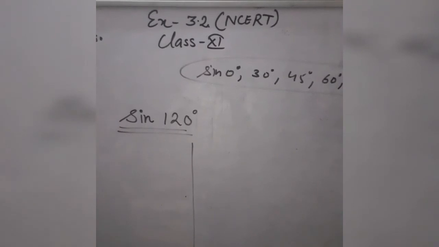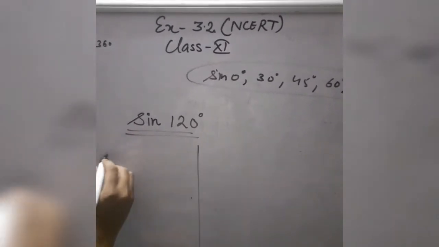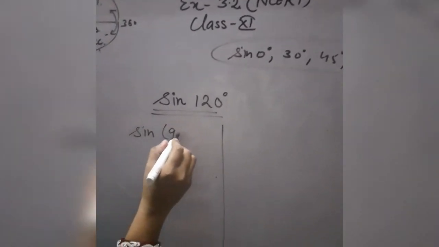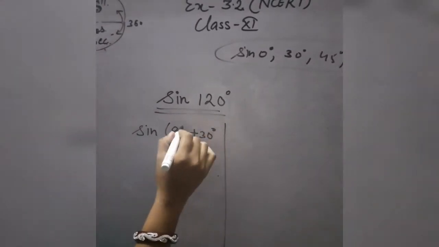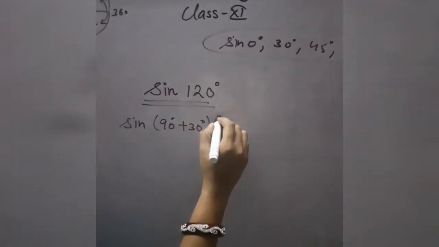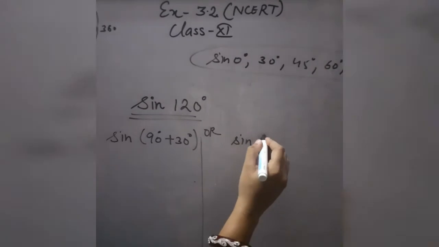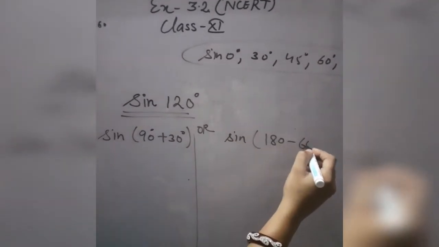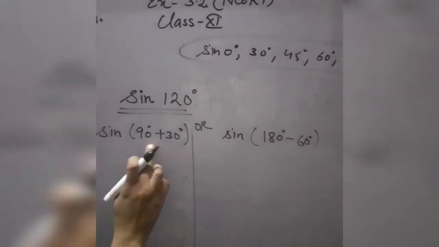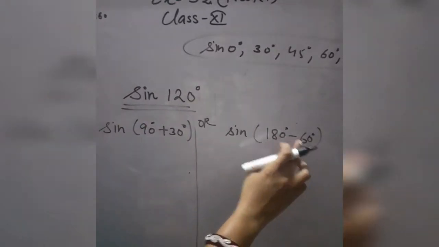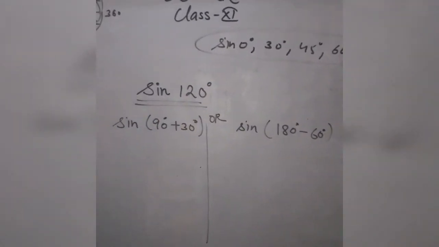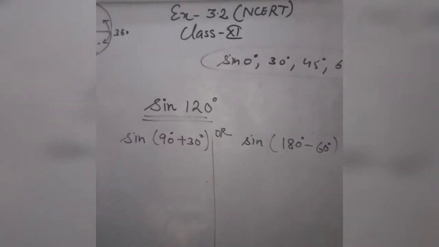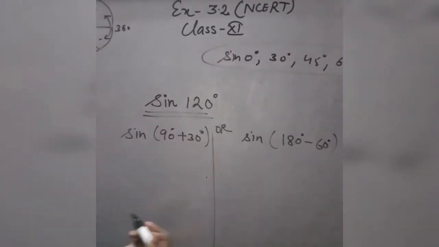Sine 120 degree can be written as sine 90 plus 30, or you can write it like sine 180 minus 60, because 90 plus 30 is 120 and 180 minus 60 is also 120. So both methods will give you the same result. Any one method you can adopt.